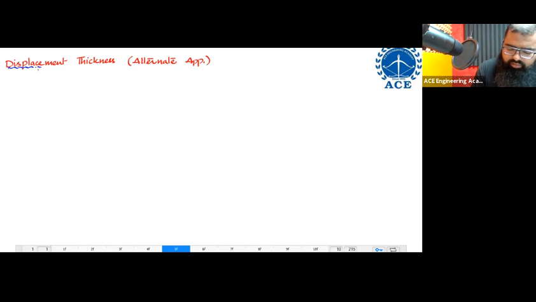Displacement thickness, again we are discussing, but this time around it is alternate approach. Now look over here.